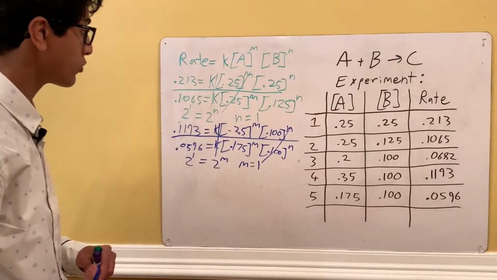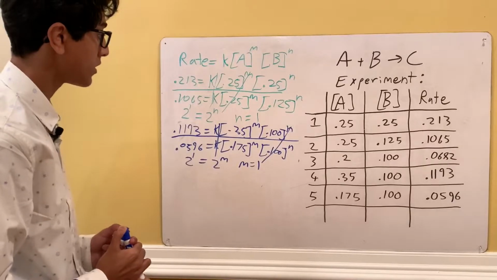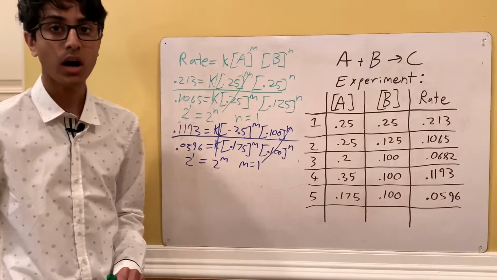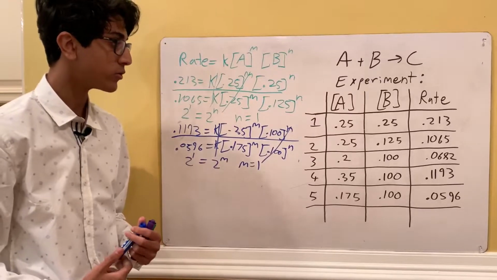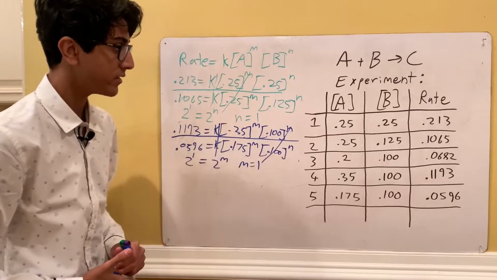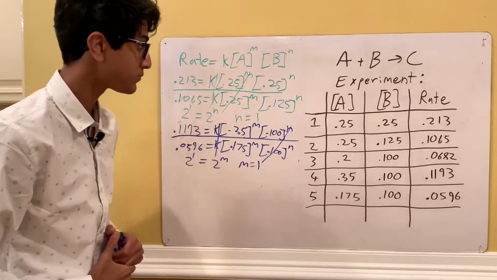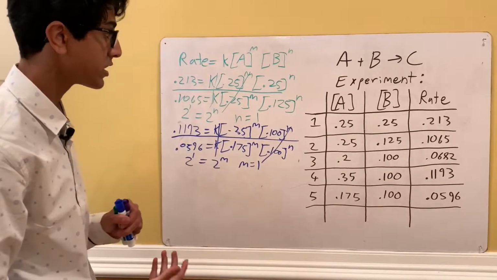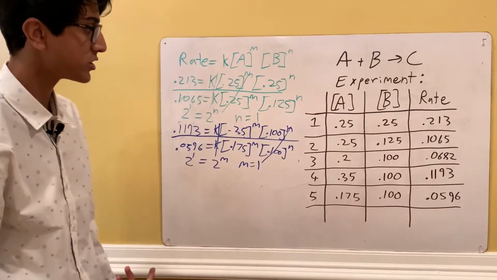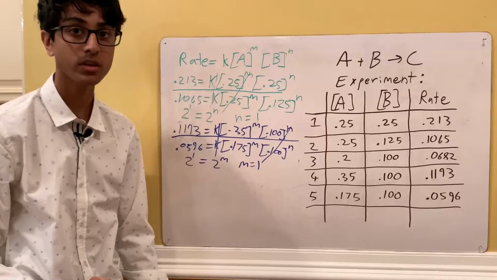So now we have both of the exponents using the more complicated method. Let me quickly show you how you can use the faster method of just looking at the table and looking at trends. So again, you're going to be looking for 2 trials where the concentration of one of the reactants remains constant.